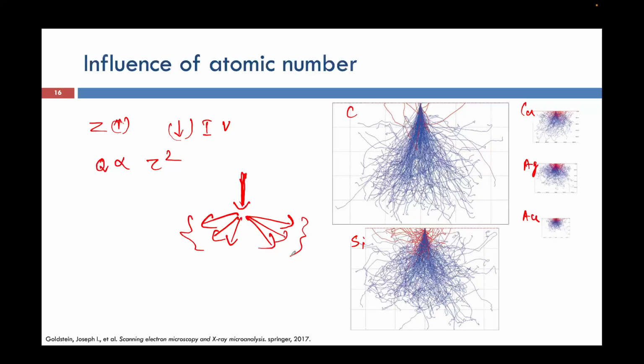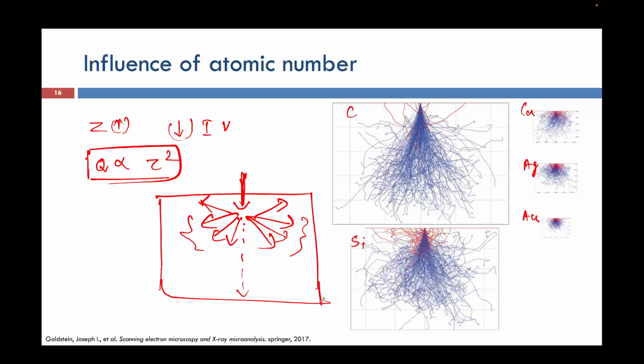That means instead of going straight, it will try to scatter. So this is what the scattering cross section means. Since this is directly proportional to Z square, that is why it will scatter more. And if it is scattering more, then it will try to stay as close to the surface as possible, not coming deep into the surface.